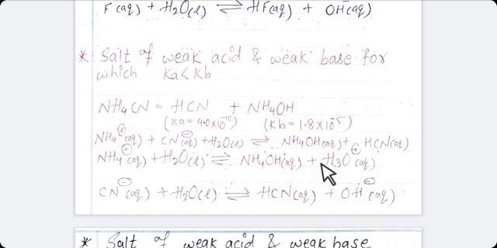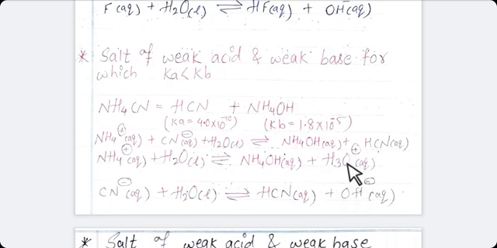So when cyanide ion reacts with water, the hydrolysis of cyanide ion is greater than that of ammonium ion, and the reaction produces more OH minus, hydroxyl ion, than hydronium ion.